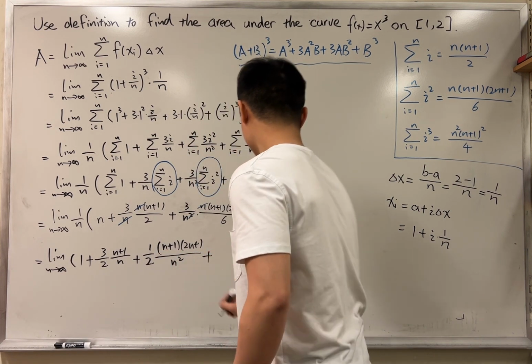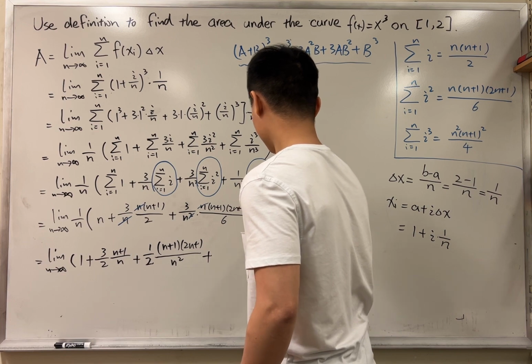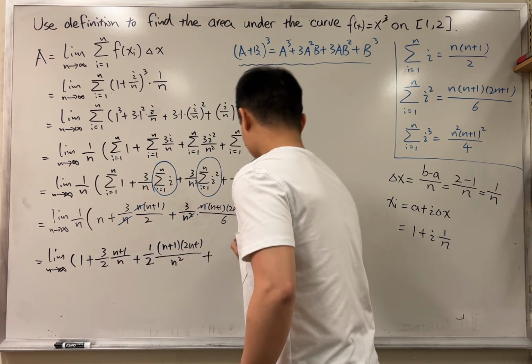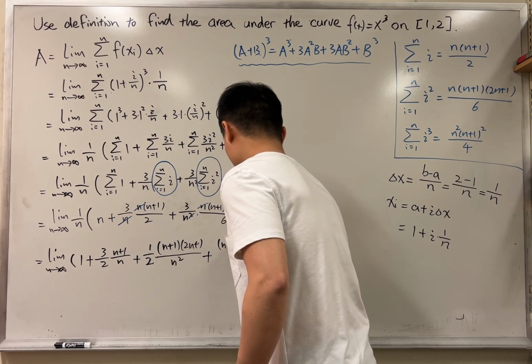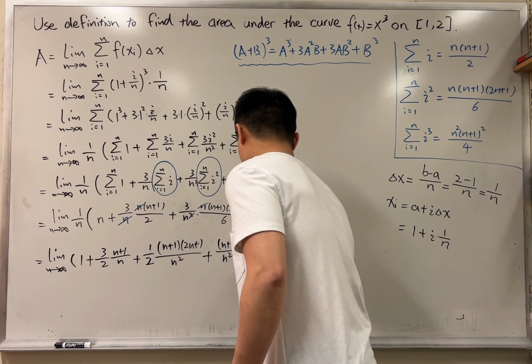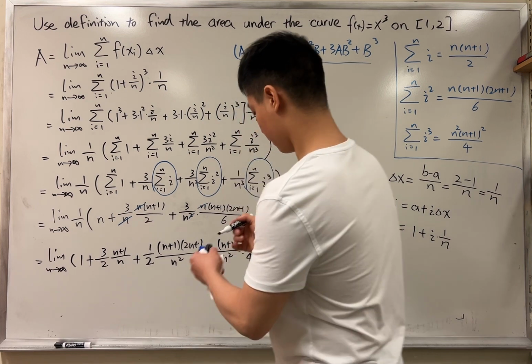We have this n multiplied with this, so that's n squared. So that's n plus 1 squared divided by n squared times this 1 over 4, like this.